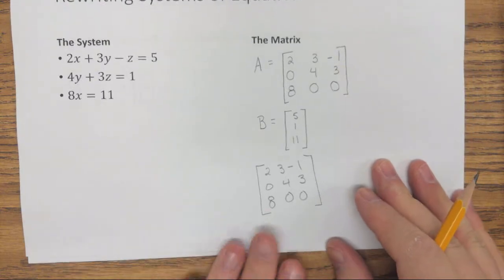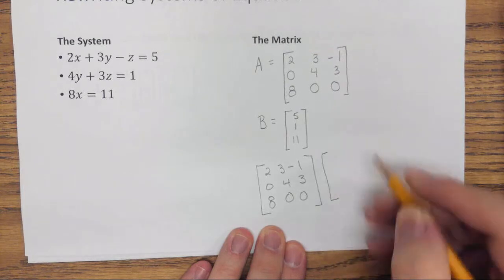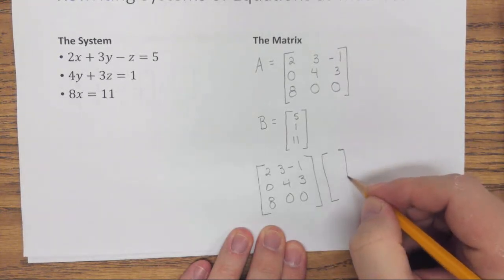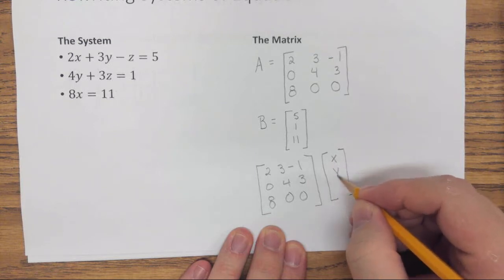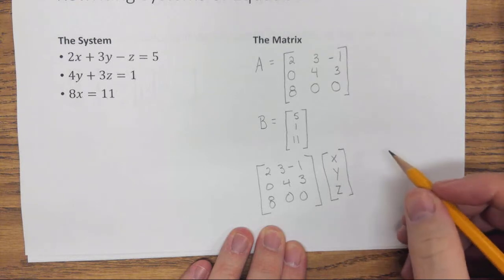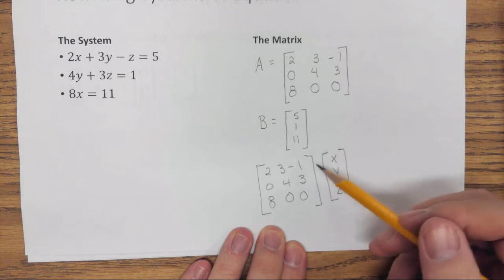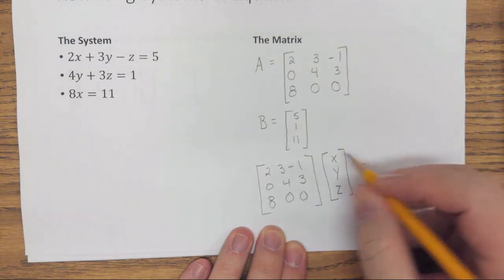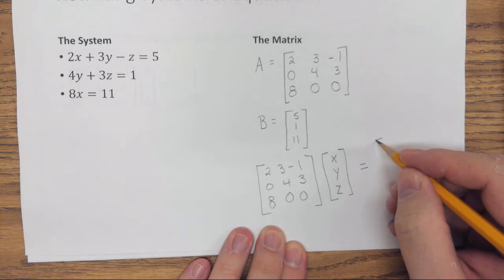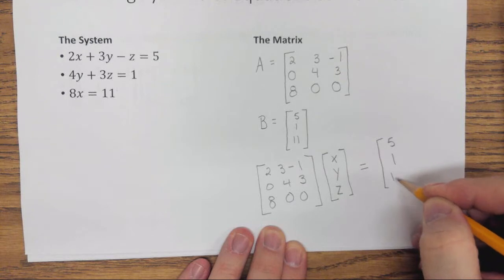I'm going to do something that's a little different, but not really, because I have to name each one of these rows as the variables that I have in my equation: x, y, and z. If I was going to redistribute this, I could do that and get this system back. And then that's going to be equal to matrix B, which is 5, 1, and 11.